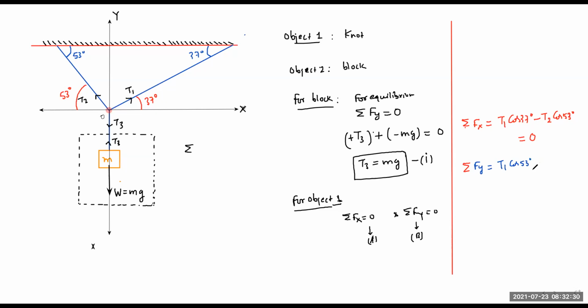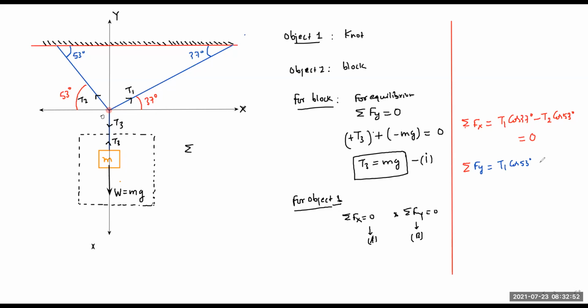And then I want someone else to answer the T2 part. Who wants to answer? Sir, T2 cos 37 degree. Once again, I think I got confused. Please tell me once again.